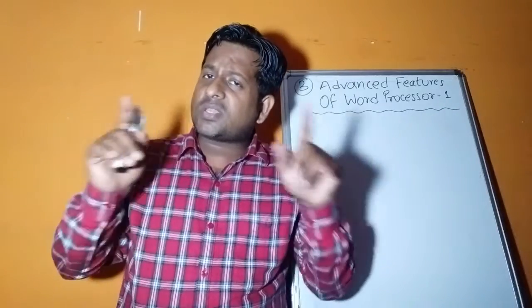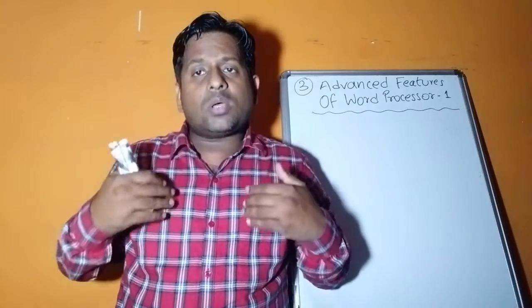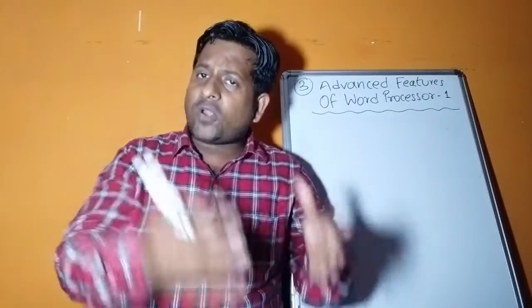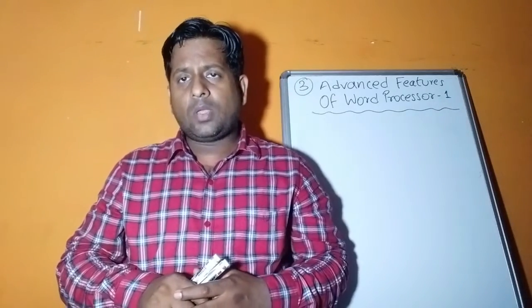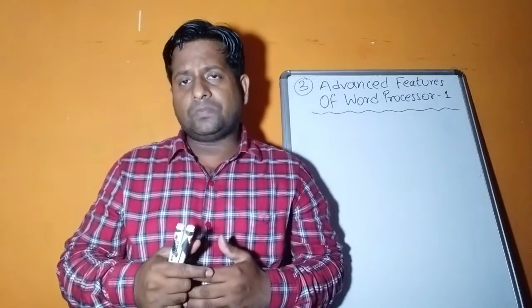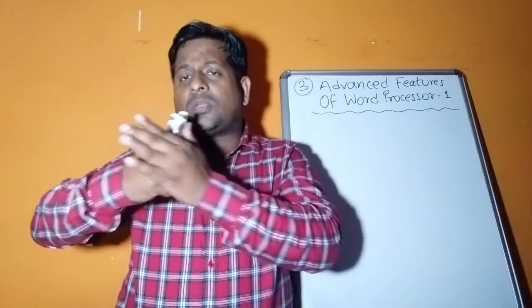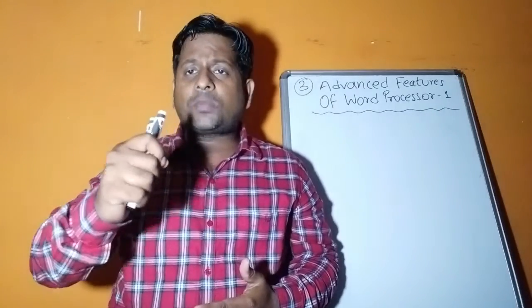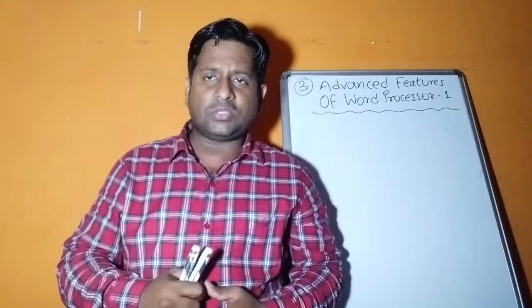A word processor is an application, an interface which allows us to type, to provide instructions in the form of letters and text. But it is not only text processing; it also has the feature known as formatting and editing, which makes the word processor a unique text processing application.